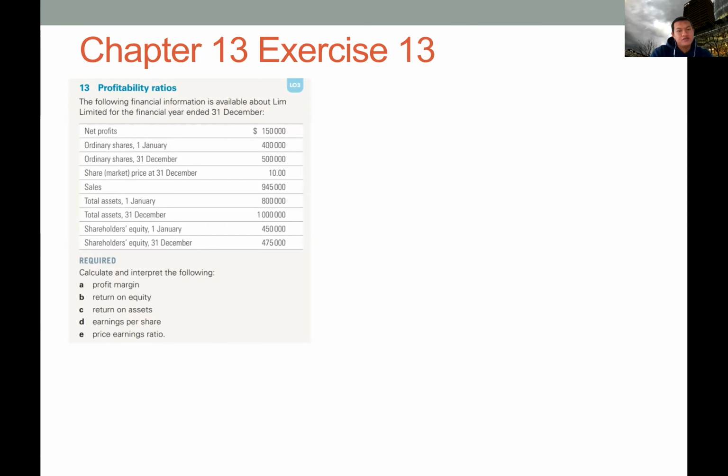So we have to calculate 5 ratios in the profitability. The first one is the profit margin, and then return on equity, return on asset, earnings per share, and price earning ratio. Let's start with the first one, the profit margin.